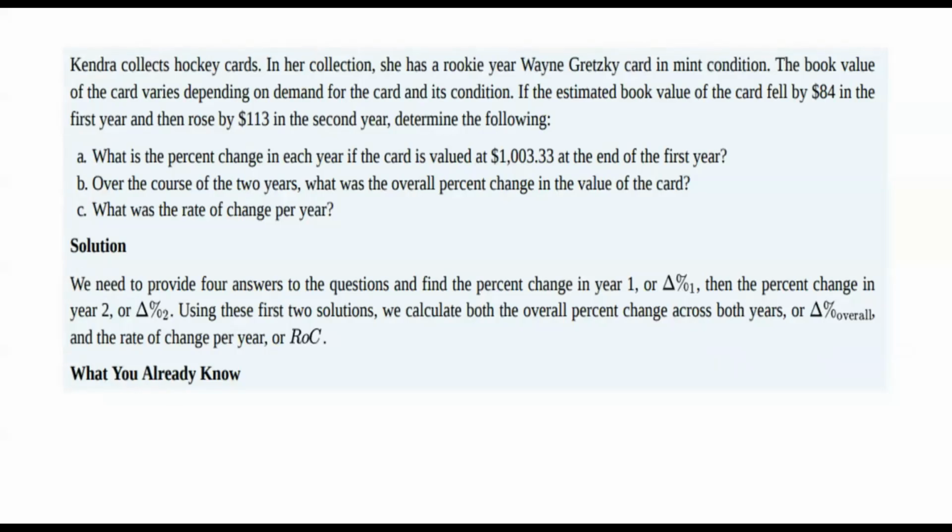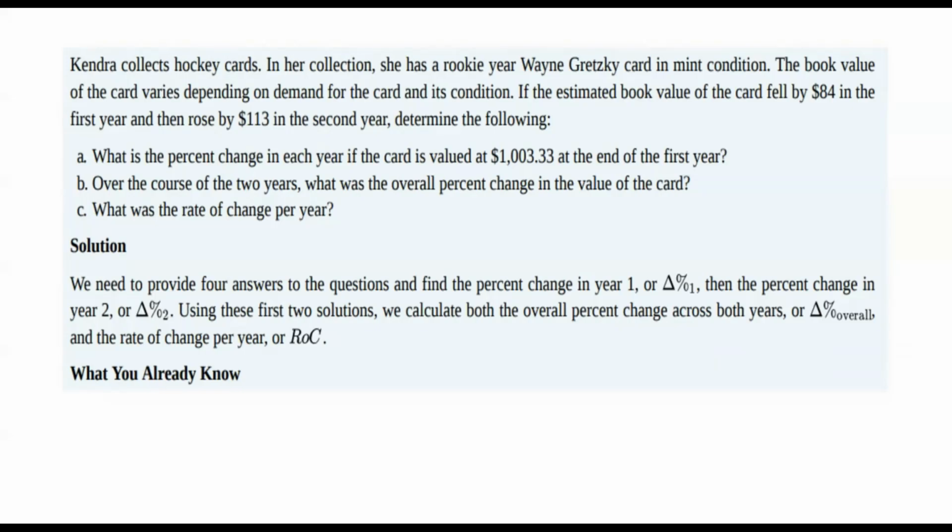He's a famous person over there, and maybe he has become famous, and that's why it's his rookie year card. He just started out and probably scored his first goal or whatever they do in hockey. A card like that will carry some value. So okay.